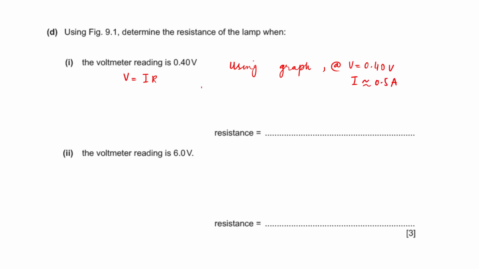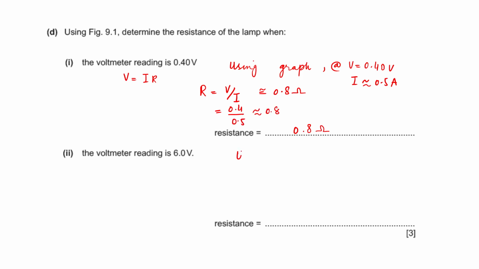So my resistance is V divided by I, 0.4 divided by 0.5, which is approximately 0.8 ohms.